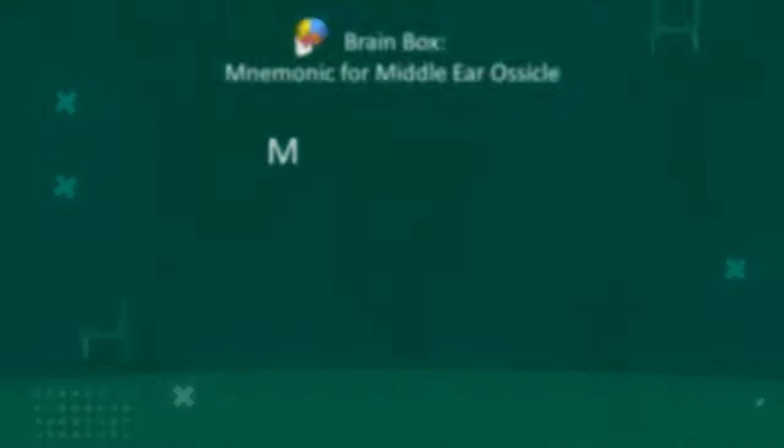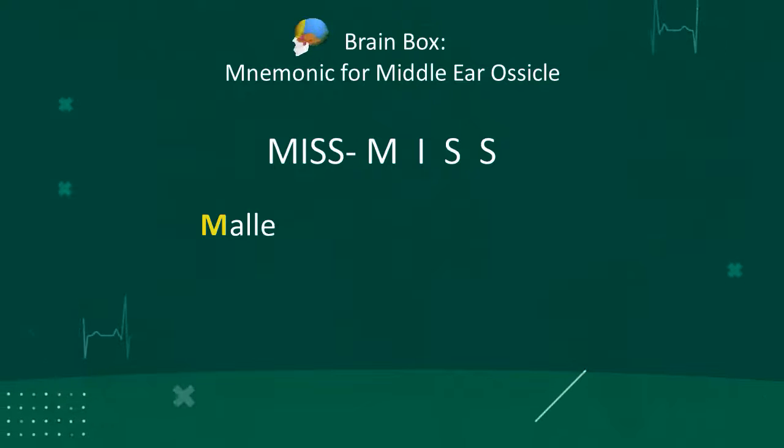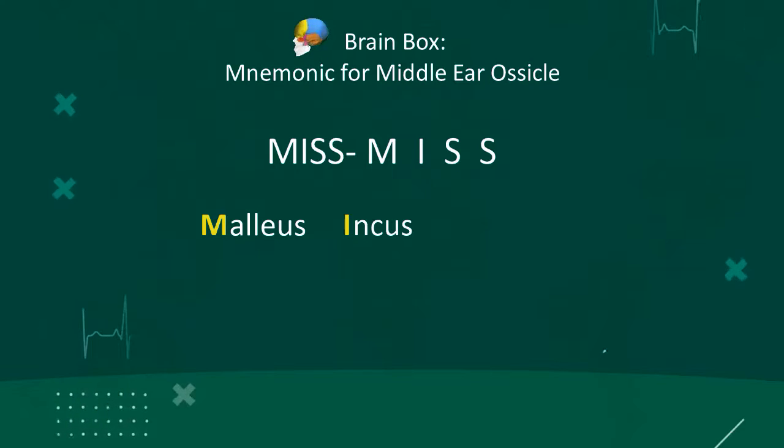So this was all about the 8 bones which we divided from the brain box into 2 parts. The other 6 bones forming the neurocranium are also part of the middle ear. So here we have the mnemonic MIS, miss. M for Malleus, I for Incus, S for Stapes.